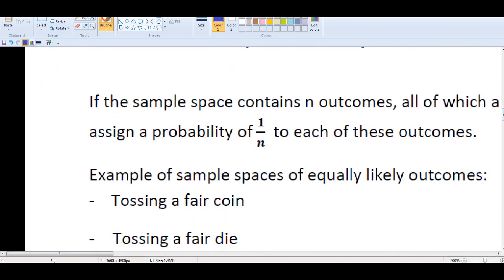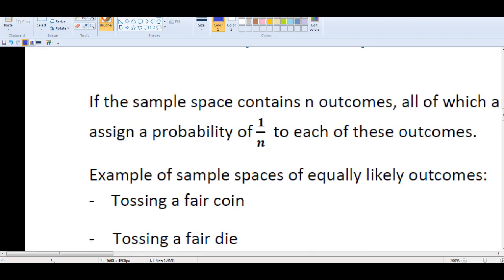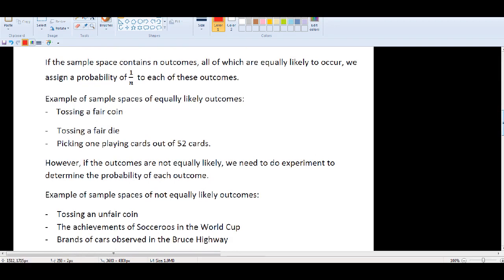Now I'm going to introduce the idea of equal and unequal likelihood. For some sample spaces, all outcomes are equally likely to occur. In this case, if there are n outcomes, then the probability of each one will be 1 over n.